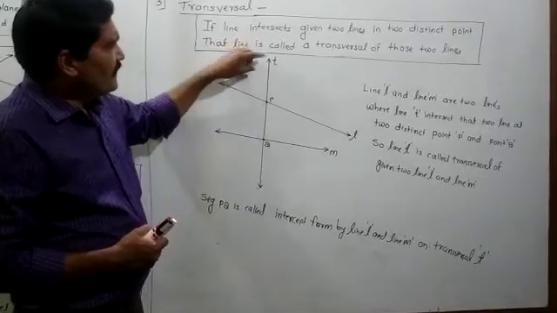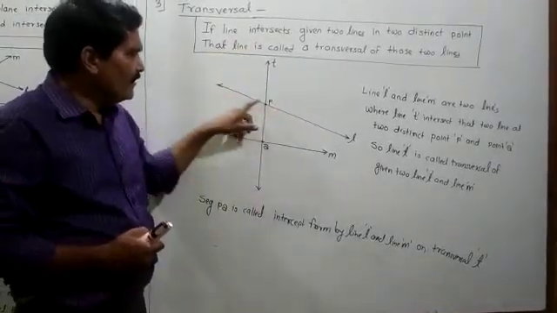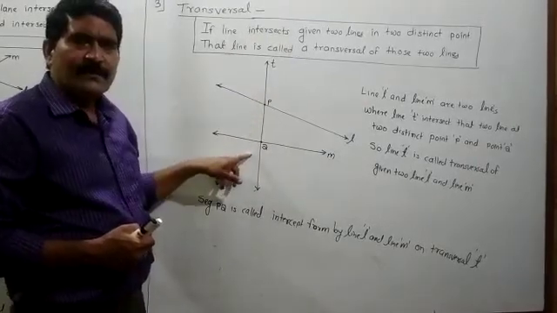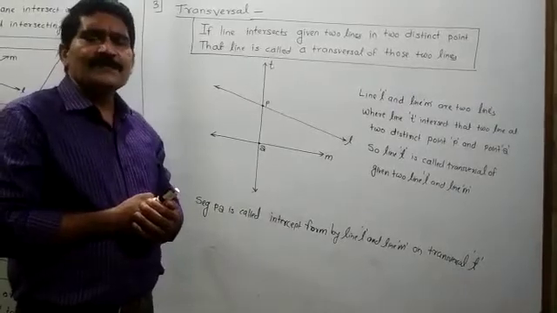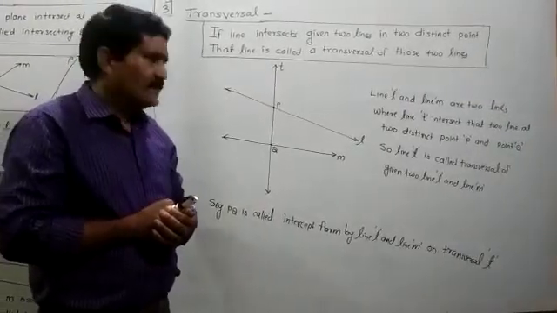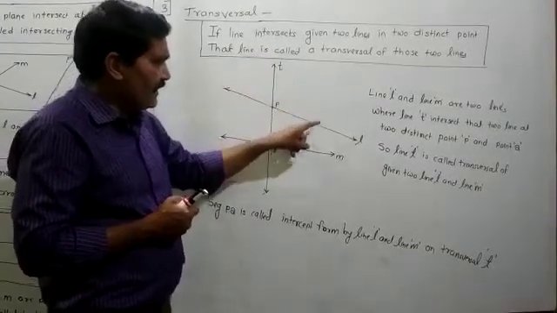Because this line T intersects line L and line M in two distinct points P and Q. If one single line intersects two other lines in two distinct points, then that line is called the transversal. So line T is called the transversal of line L and line M.